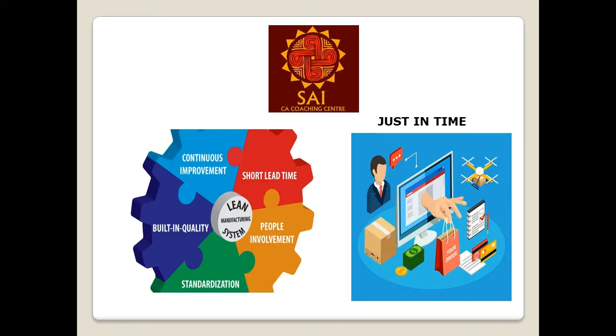But in a JIT environment, the operator is left to handle 5 or 6 different types of machines that are required to complete the manufacturing of the product. Therefore, he must know how to operate each different type of machine. The advantage is his job becomes more interesting. He feels happier to work in a variegated environment rather than an extremely monotonous environment.